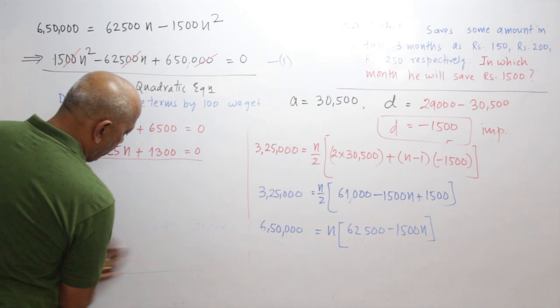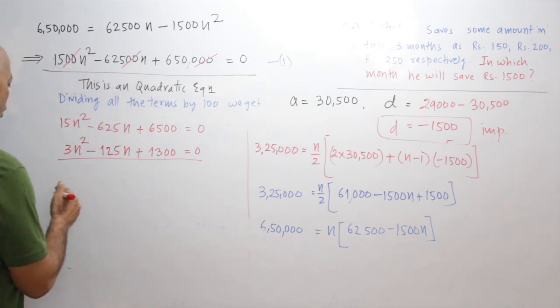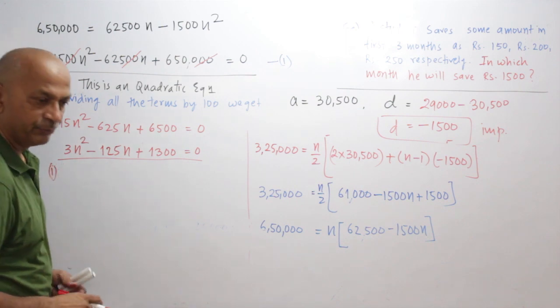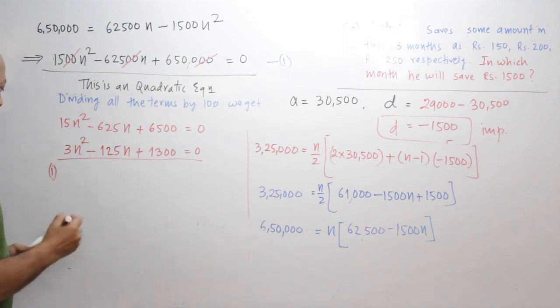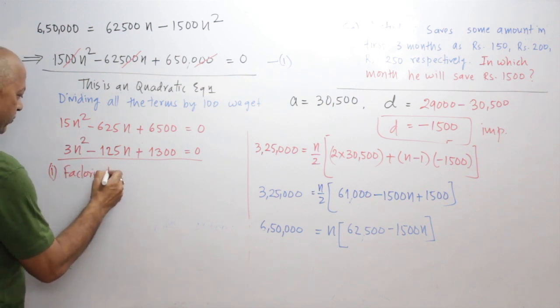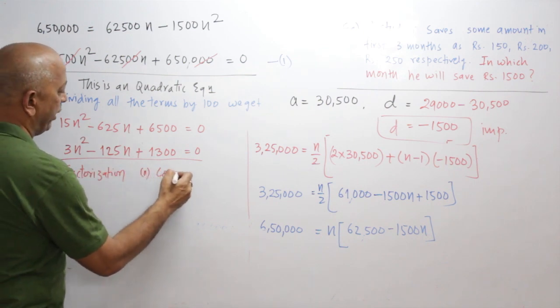So how can you do it? The quadratic equation you can solve by, first, factorization. Second, you can solve by completing the square.